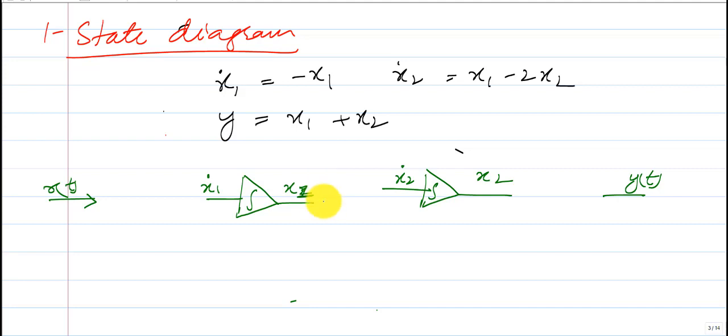So for x1, from x1 actually to here, we have this equation: x1 dot is this, that will be -1, and that will be our x1 dot will be r of t minus x1.